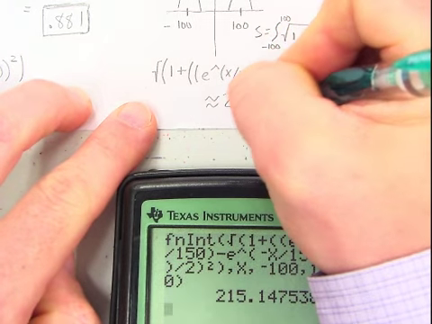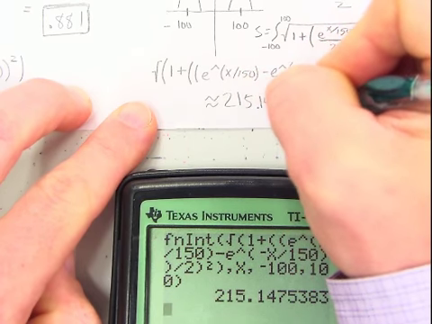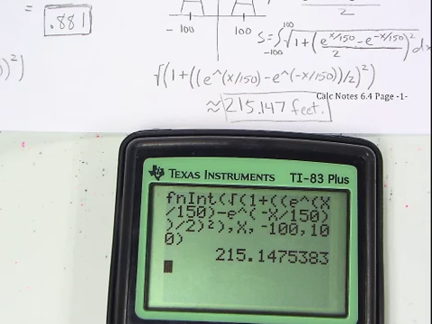There we go. All right, so that is finding arc length.